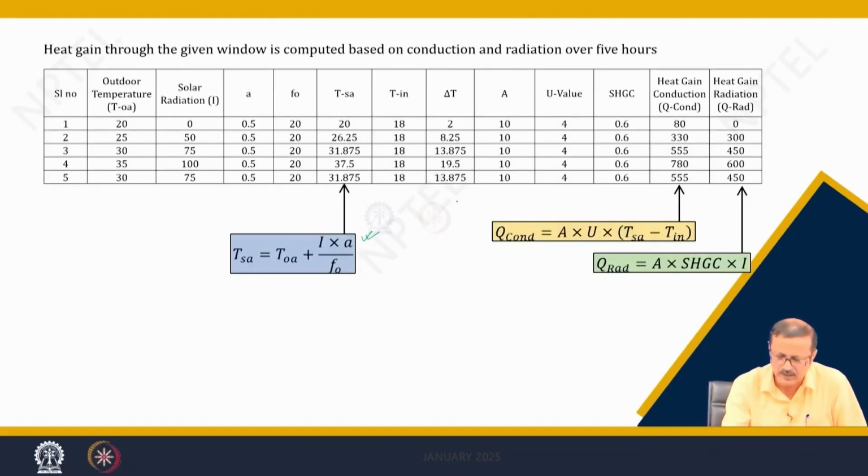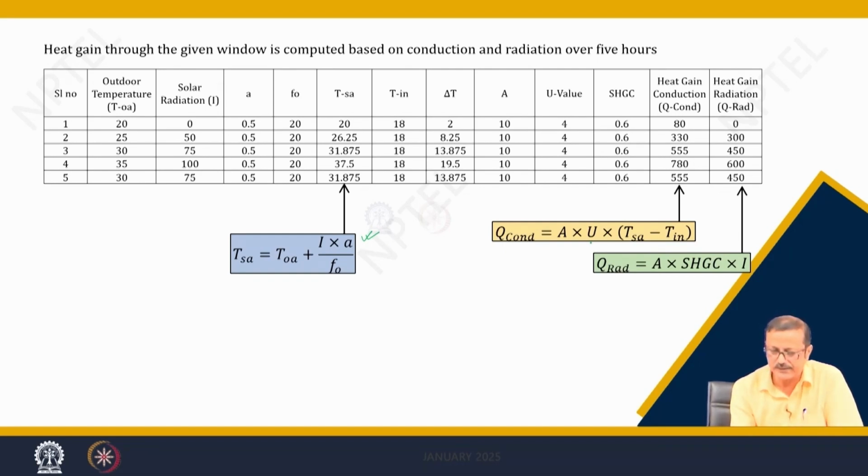The area of this window is 10, U value is 4, SHGC is 0.6. The conductive heat gain from this equation is area multiplied by U multiplied by delta T, based on the solar air temperature and the indoor set point temperature.